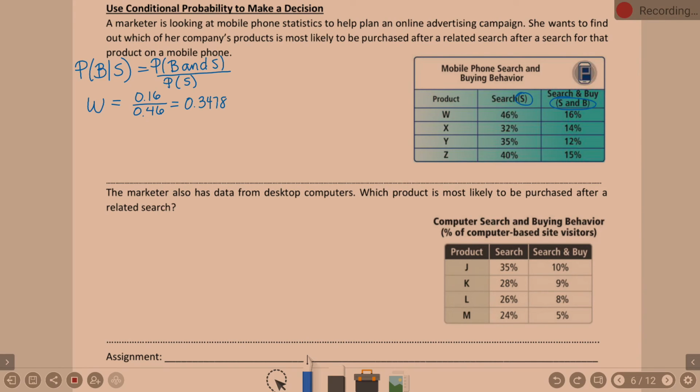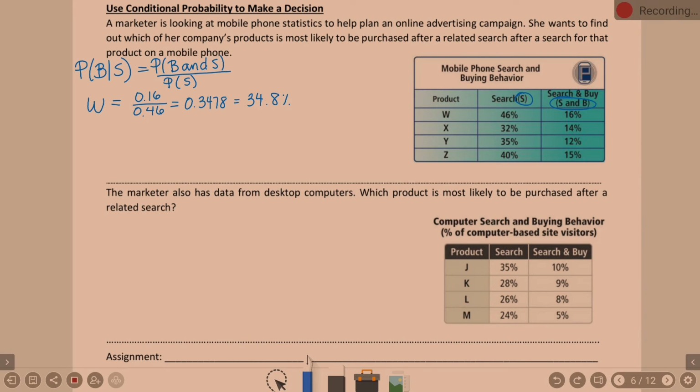I have 0.3478 written down. If we change that to a percent, move it over 2, it becomes 34.8%.